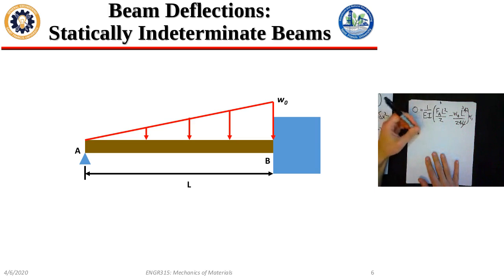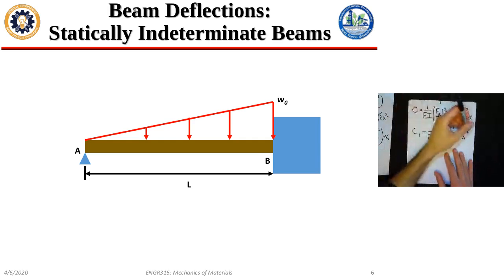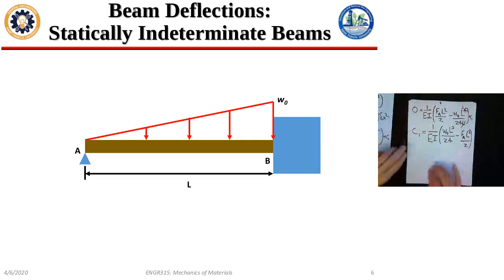So C1 equals 1 over EI times W naught L cubed over 24 minus FA L squared over 2. And if anyone goes, what the crap, where did your negative sign go? I multiplied it through, and that's where these terms are flipped.